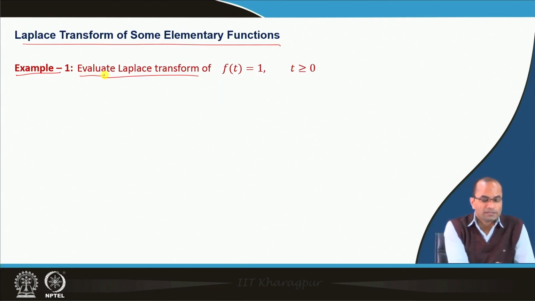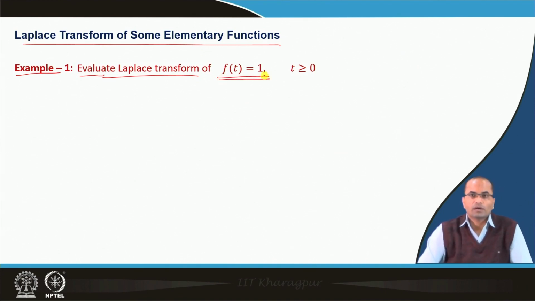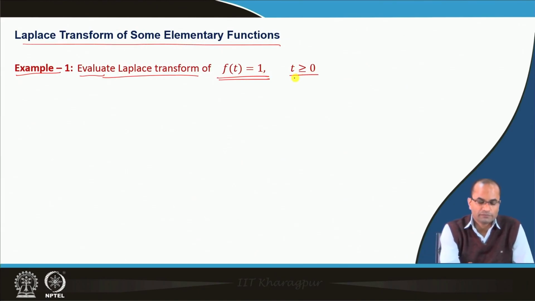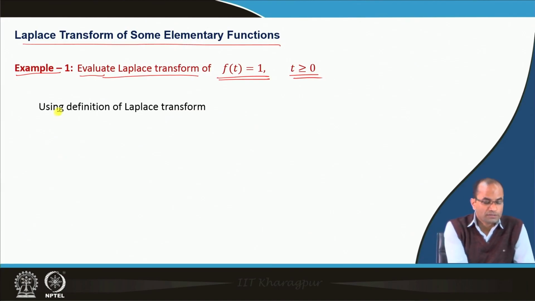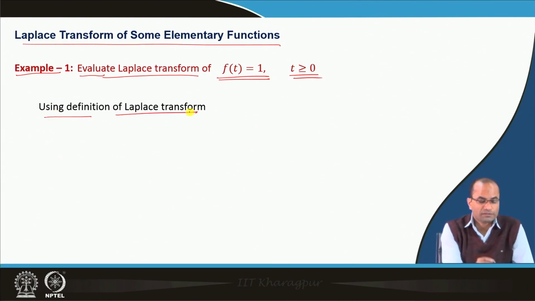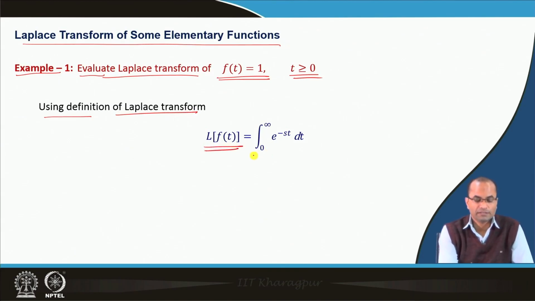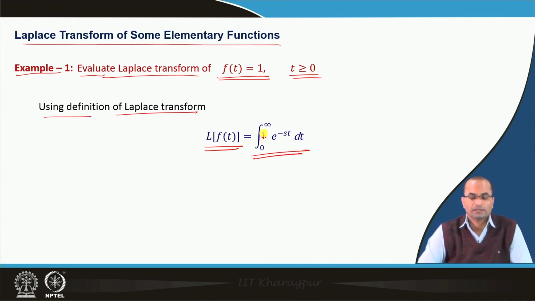In this example we want to evaluate, for instance, f t equal to 1, the constant function 1, which is defined for all positive t. Using the definition of the Laplace transform, the Laplace transform of f t is the integral of e power minus s t times the function 1.